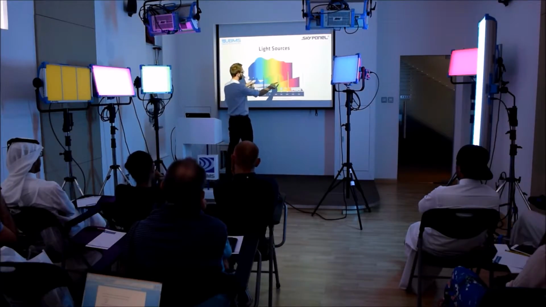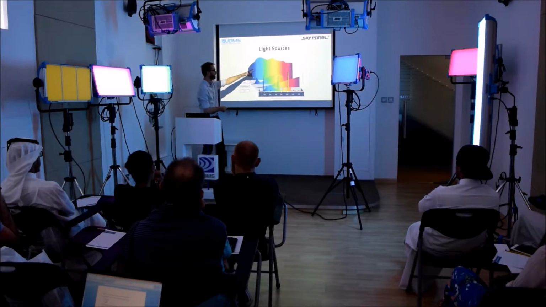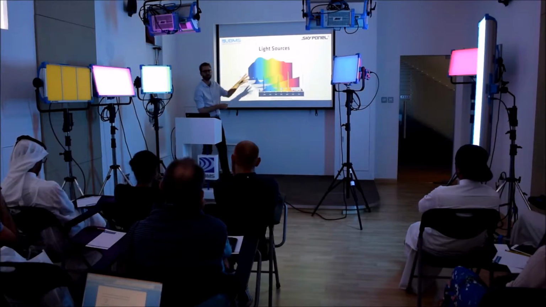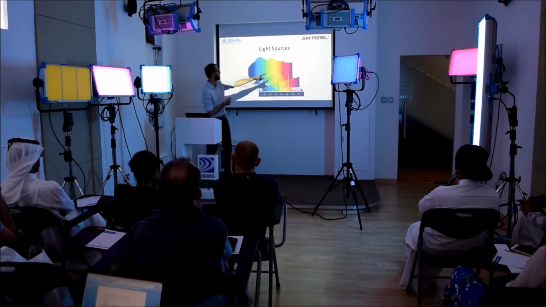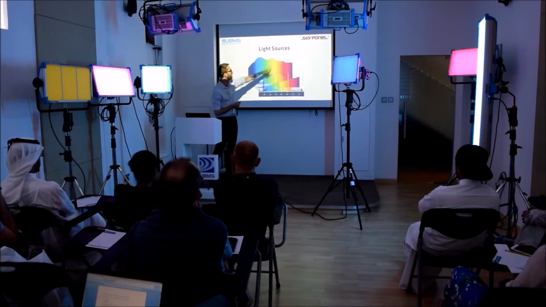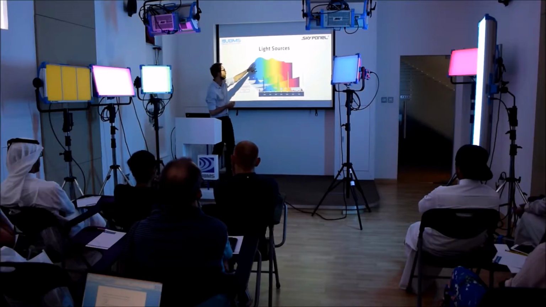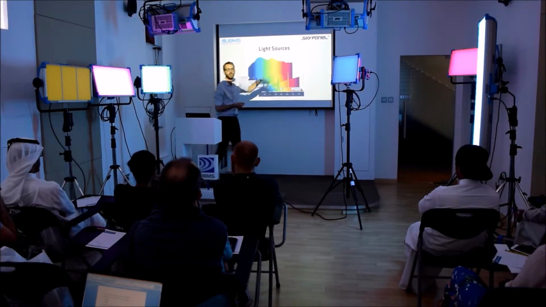So can you see, comparing incandescent and daylight, where the differences in color are happening? Daylight appears more blue because we've got a lot more happening on this end of the spectrum in terms of intensity, and we've got less on this end of the spectrum.